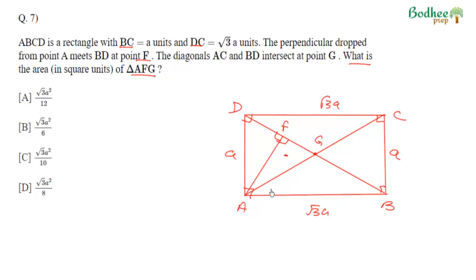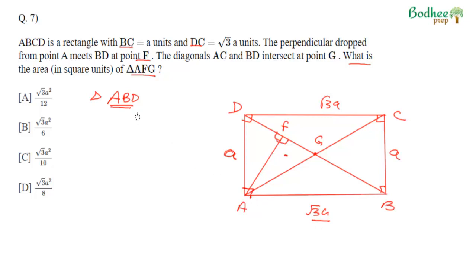Now, clearly we can see that this is a right angle triangle. Once we get the value of AF and FG, we can apply half base into height to get the required answer. Now, just focusing on triangle ABD. Here we can see that this side is A, this is A root 3, this is 90 degrees.